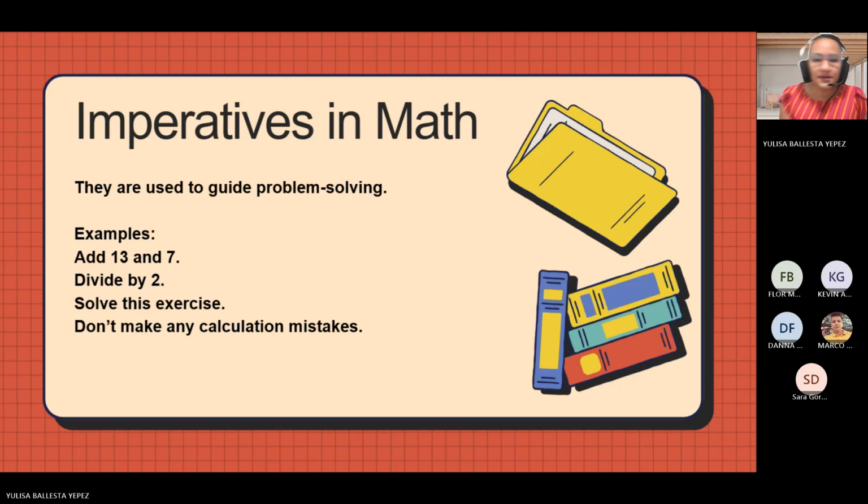Imperative. Okay. Imperatives in math are used to guide problem solving.